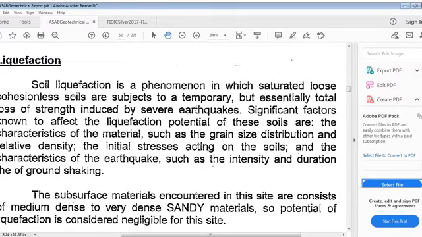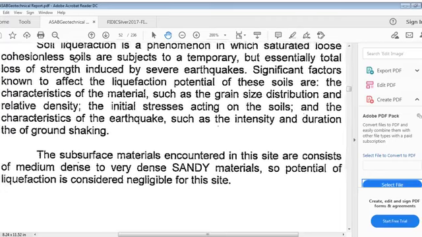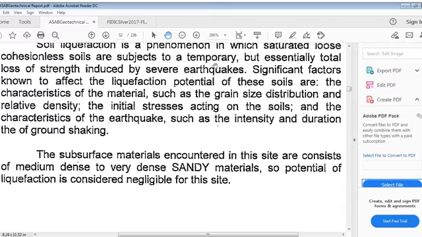Liquefaction. Soil liquefaction is a phenomenon in which saturated loose cohesionless soils are subject to temporary but essentially total loss of strength induced by severe earthquakes.